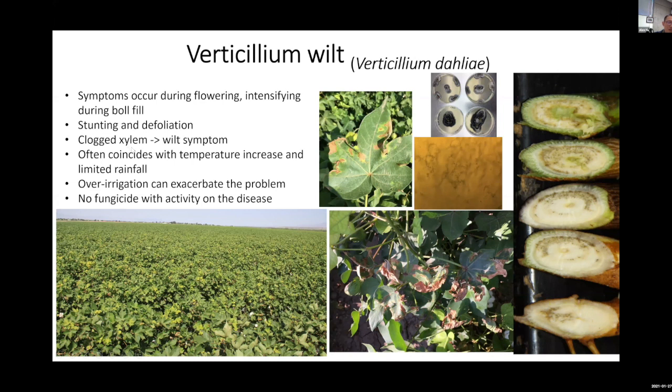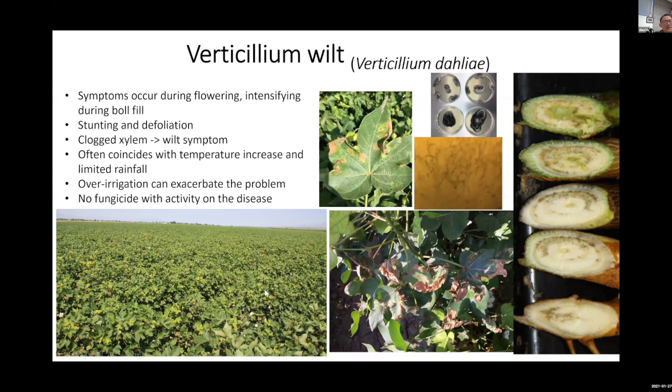The fungus survives in the soil as microsclerotia, and then infects the roots, invades the vascular system, and clogs it. That's why you see this leaf burn and also this interveinal chlorosis.